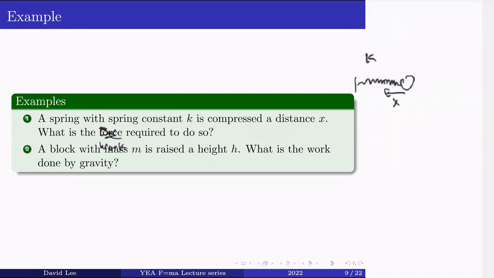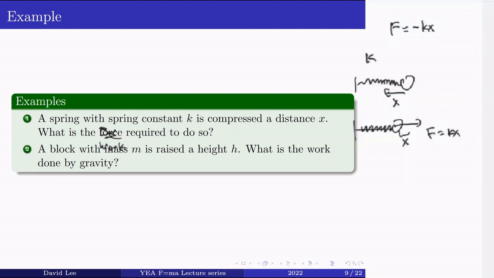Well, this example is slightly trickier because the spring force actually varies with distance. If you remember from last lecture, the force given by a spring is negative kx. This is Hooke's law. So if we displace it by some x, there's going to be a spring force this way.